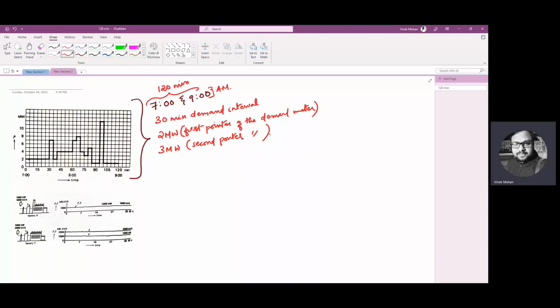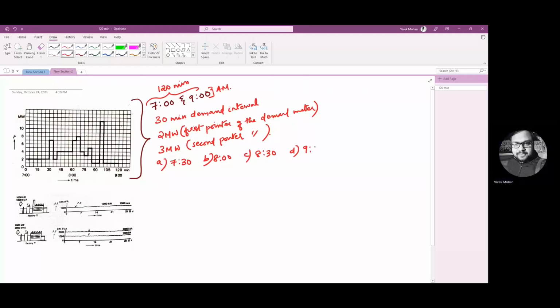Now, what are the meter readings at the following times? That is what is asked: A, 7:30; B, 8; C, 8:30; and D, 9.